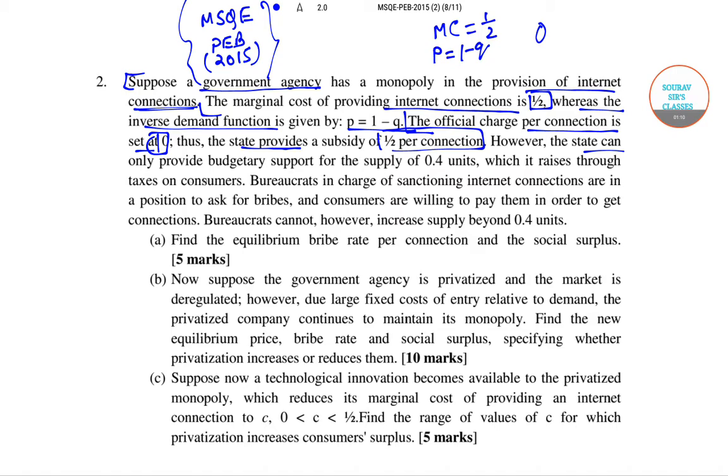However, the state can only provide budgetary support for the supply of 0.4 units, which it raises through taxes on consumers. Now bureaucrats in charge of sanctioning the internet connection are in a position to ask for bribes. Consumers are willing to pay them in order to get a connection, and bureaucrats cannot increase the supply beyond 0.4 units.